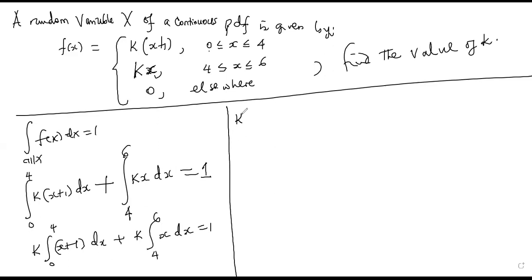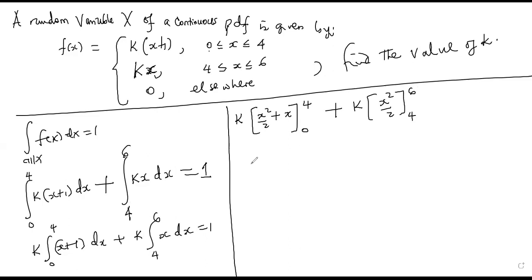It will be k times, when we integrate this, x squared over 2 plus, when you integrate 1, you get x. But the limits are 0 to 4, plus k. We integrate x, we shall get x squared over 2 from 4 up to 6.